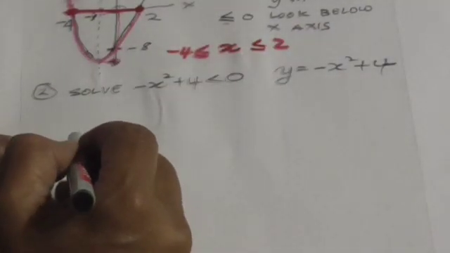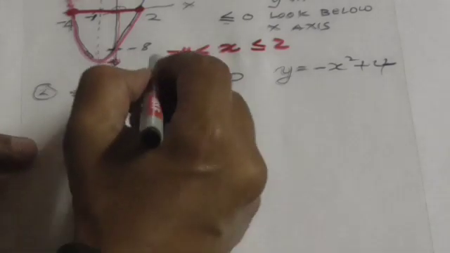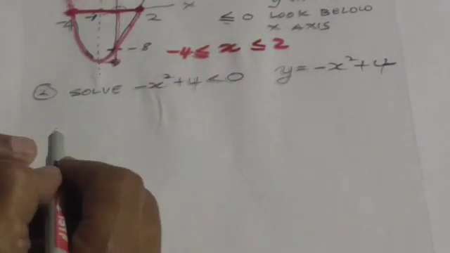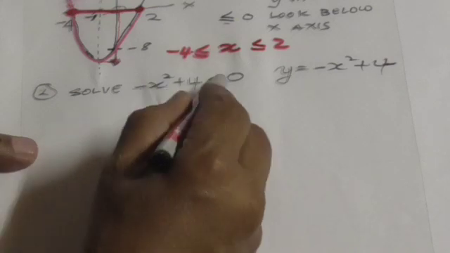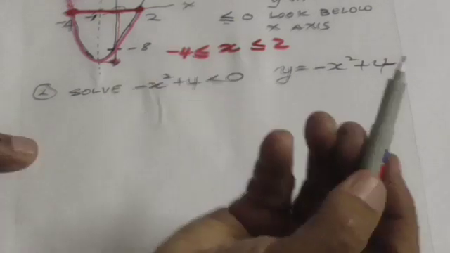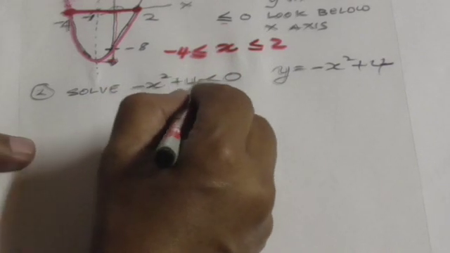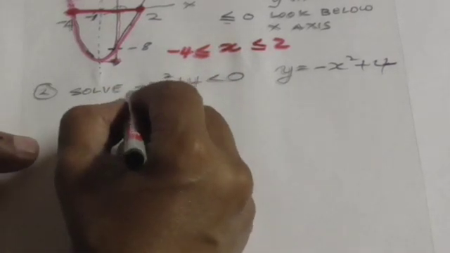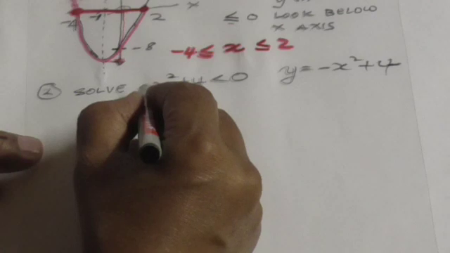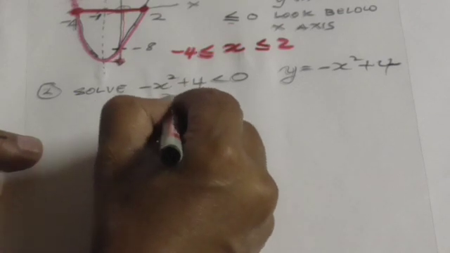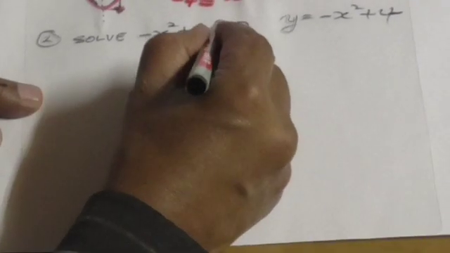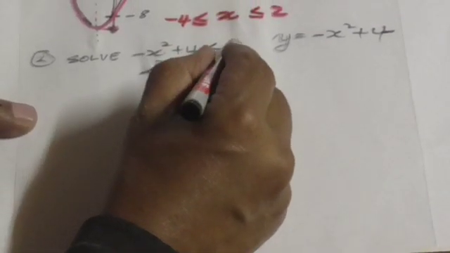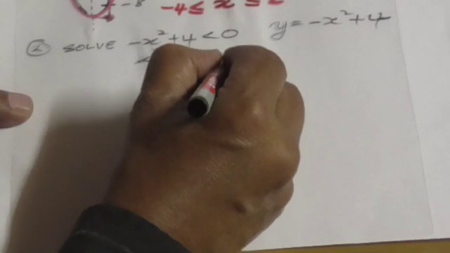Once again, when you look at this, it's a little bit difficult to factorize. So you'll say, let me multiply by -1 on both sides. If I multiply by -1 on both sides, this will become x², that will become -4. The inequality sign will change, and -1 times 0 is still 0.